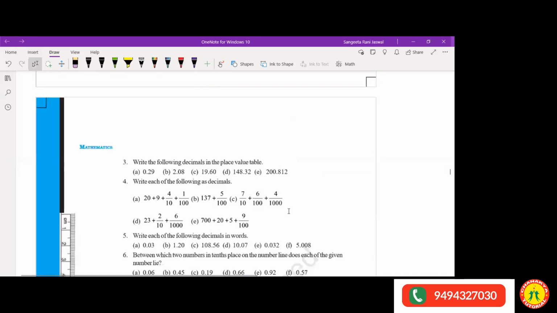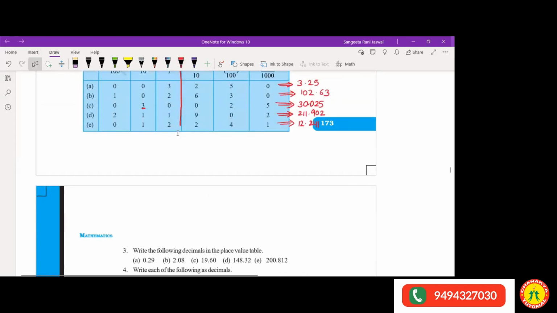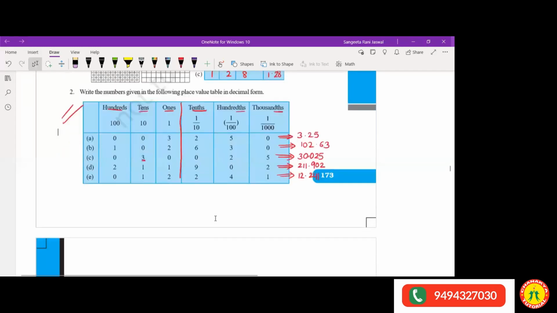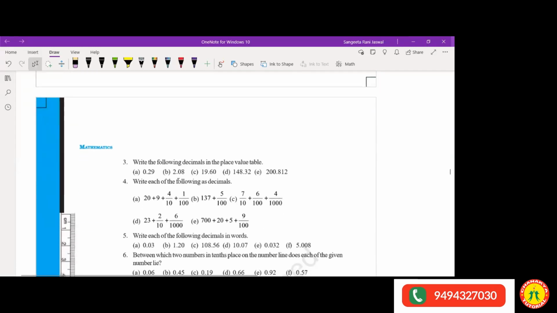Now write the following decimals in the place value table. Can you write it in the place value table? Like the one above. Yes, this one. This type of table is called a place value table. So you have to write these numbers in the place value table. Please write it in your notebooks quickly.